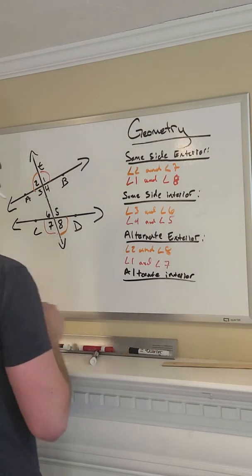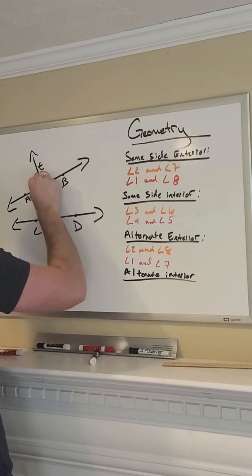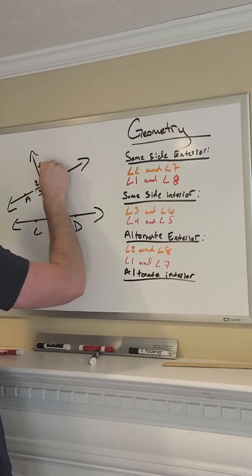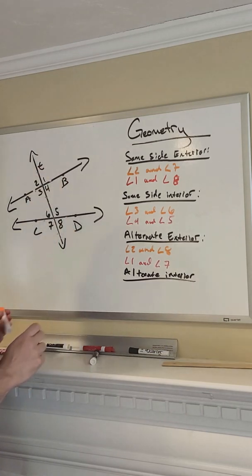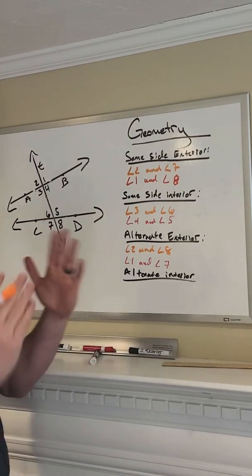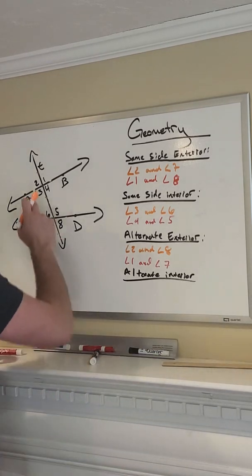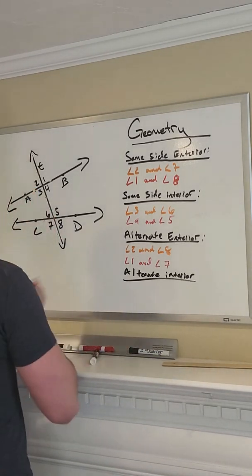And let me just erase these. So we look at the transversal again, that cuts it, and we say on opposite sides, angle pairings that are on opposite sides, but on the interior now.